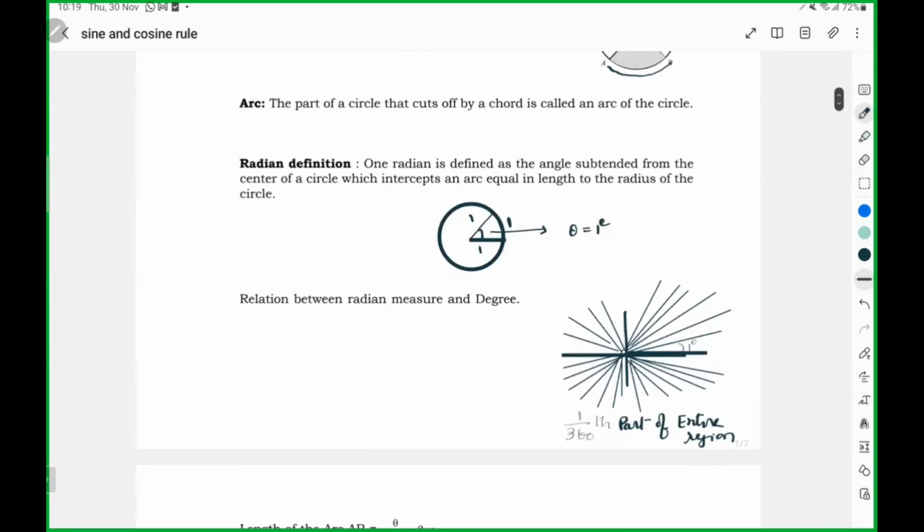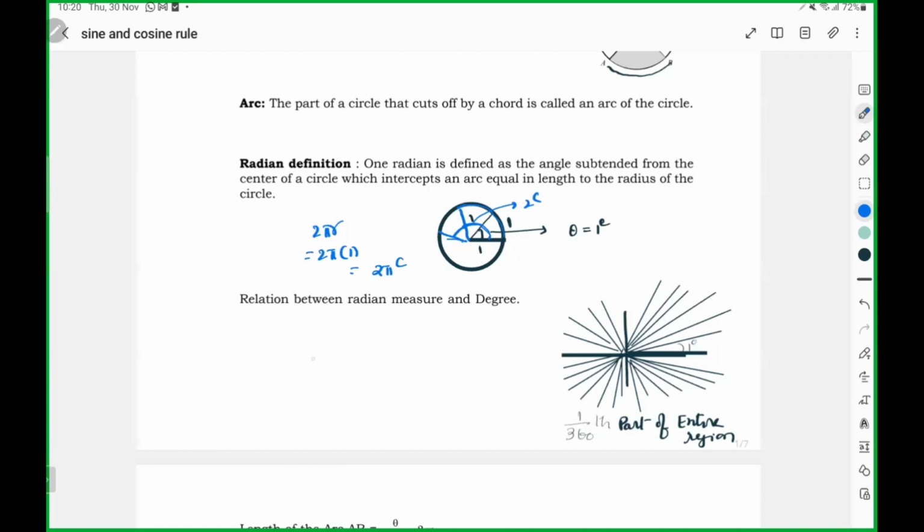Now, to cover 2 units of arc length, the angle subtended becomes 2 radians. To cover 3 units, it is 3 radians. But the entire circumference is 2 pi r, which is 2 pi into 1, which is 2 pi radians.